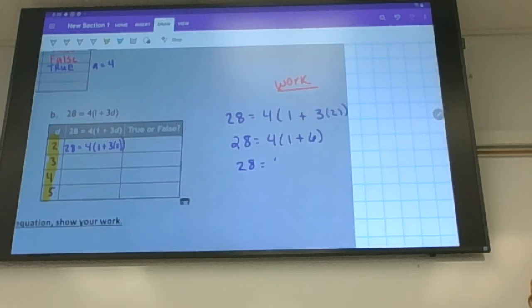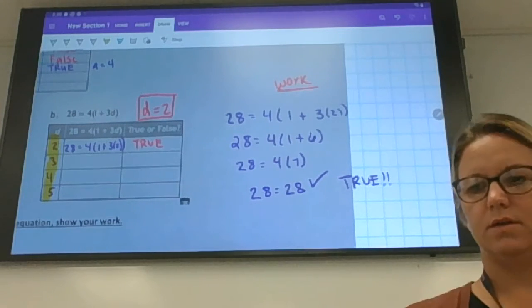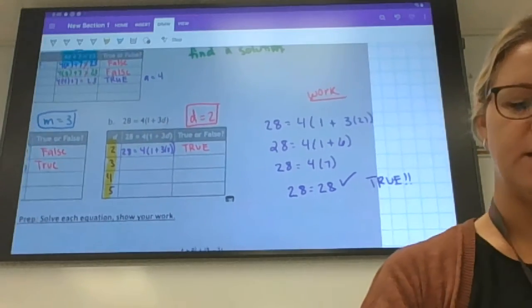Is 28 equal to 4 times 7? Is 28 equal to 28? True, our first one works here. So now we know that D equals 2. Check your work. Does anybody have a question about letter B?